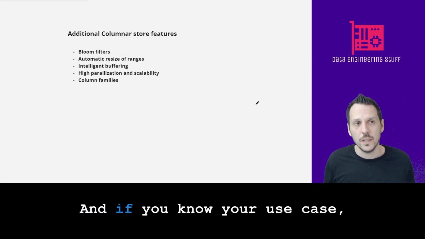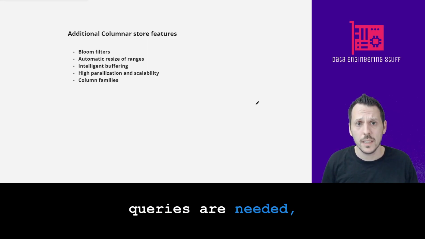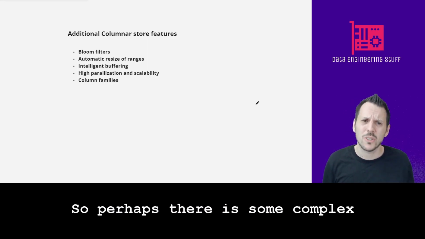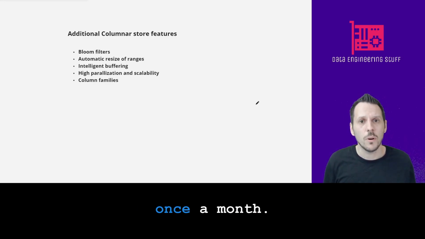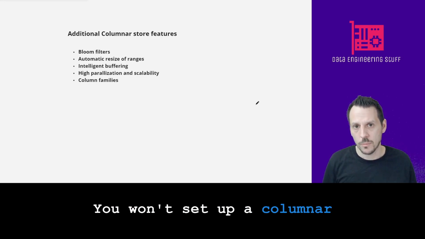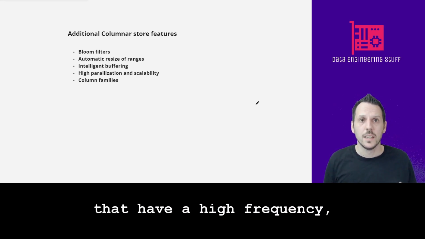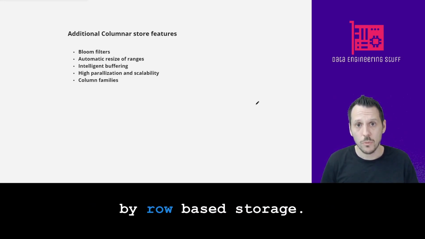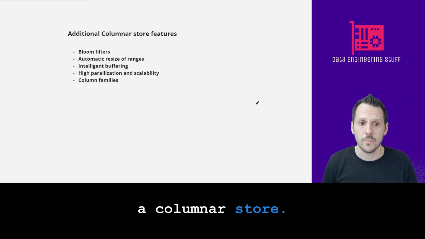If you know your use case, you know how often specific queries are needed and how important they are. So perhaps there's some complex query that takes forever, but it's only needed once a month. You won't set up a columnar store for it. You will do this for queries that have a high frequency, that are difficult to handle by row-based storage, and then you would go with a columnar store.